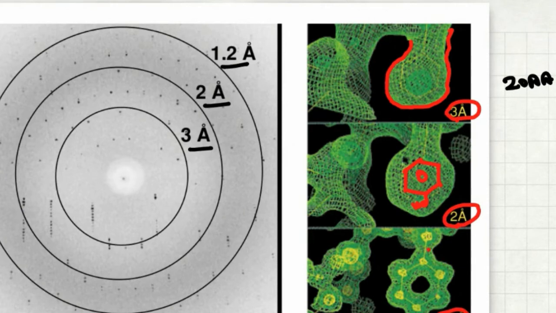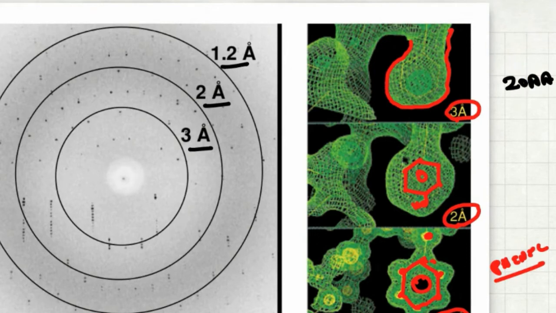So the atomic details are there. There's an atom here, atom here, atom here, atom here, atom here, atom here, atom here. If I connect all these points from this electron density map, definitely I can say that this is a phenylalanine. It is not tyrosine, or histidine, or any other amino acid, right?